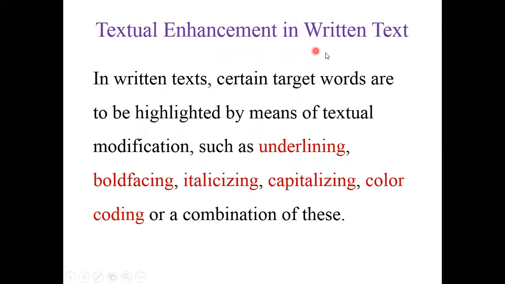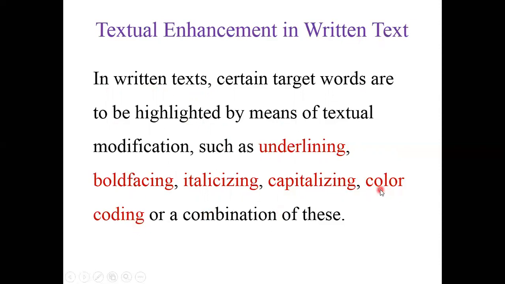Textual enhancement in written text. Everyone, now we look at another point: textual enhancement in written text. In written text, certain target words are highlighted by means of textual modification, such as underlining, boldfacing, italicizing, capitalizing, and color coding.